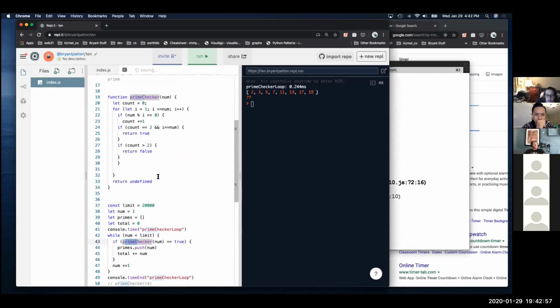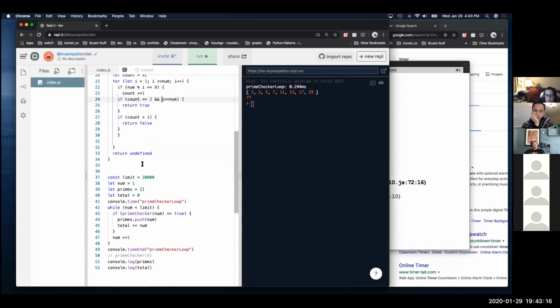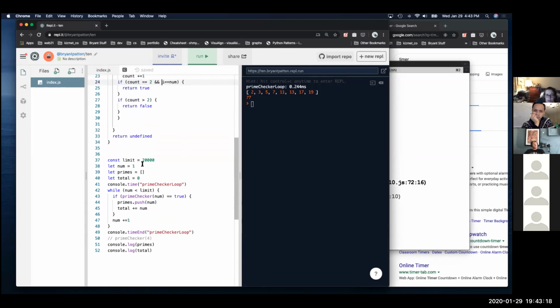If it returns true, then that means there have been 2 divisors, and the number itself was one of them. Otherwise, it would return false because there are more than 2 divisors.